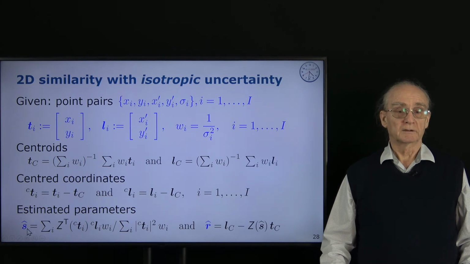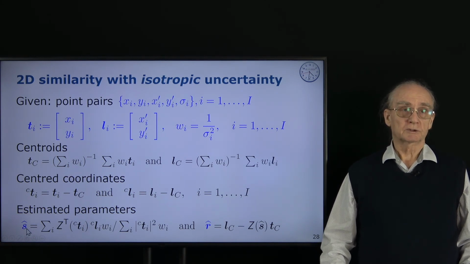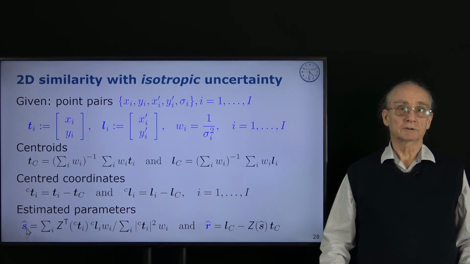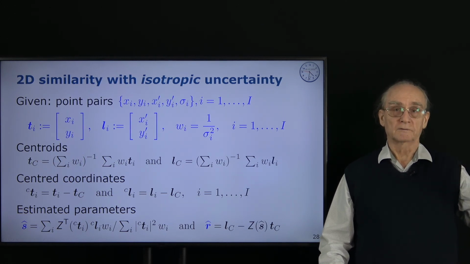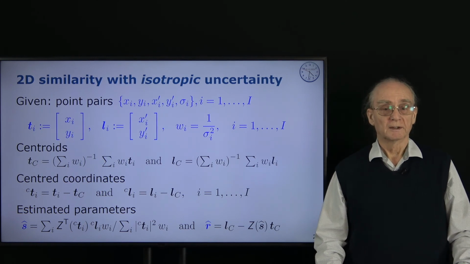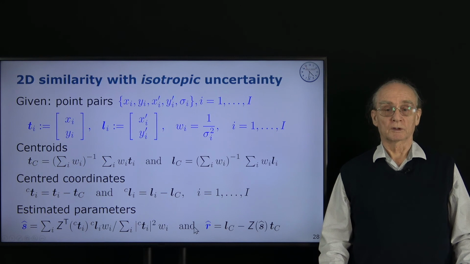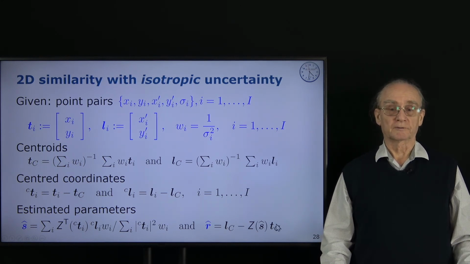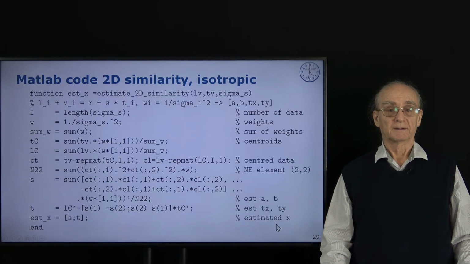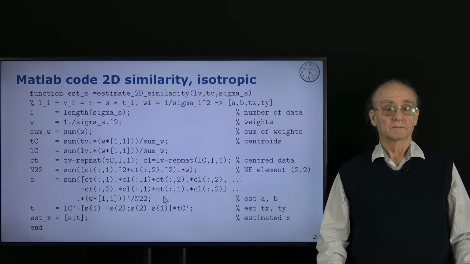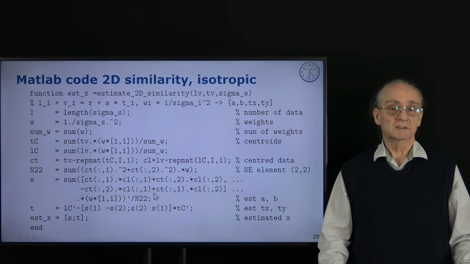So we have here the vector S, which contains the A and the B, which are then later lambda cosine phi and lambda sine phi. And we can get the translation in the original model from this relation, which we derived at the beginning for the straight line fitting.